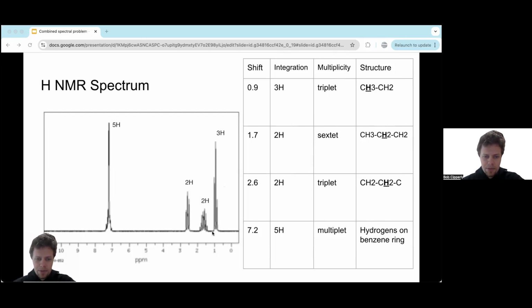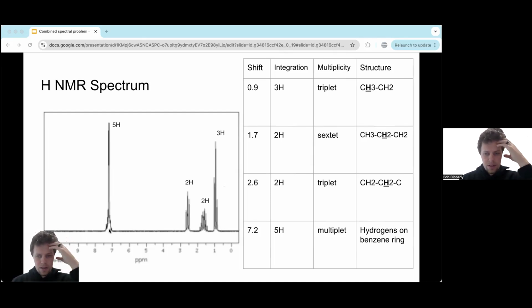And then moving more downfield, we have one at around 2.6, which is another triplet but has the integration of 2H. So that could be the one closest to the ring. And then the only neighboring carbon with hydrogens on it is on the chain. So that's why it's a triplet, because it only has two neighboring hydrogens.